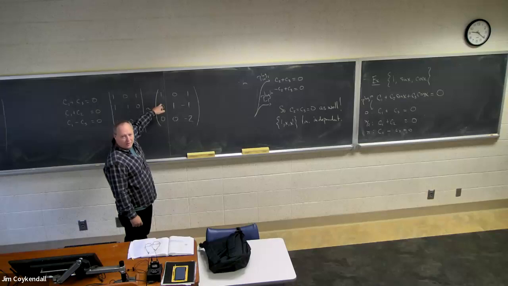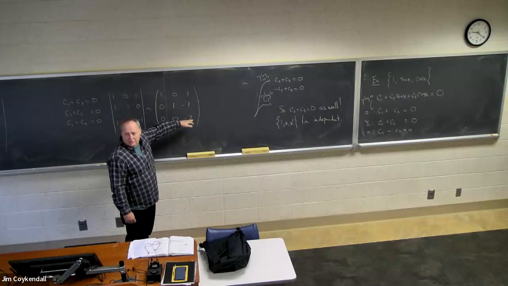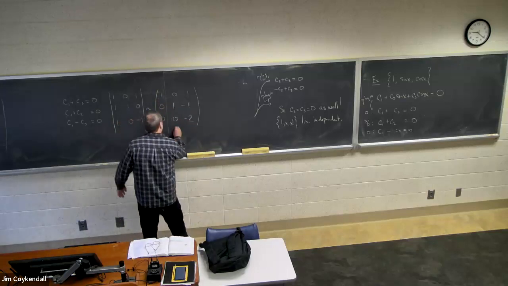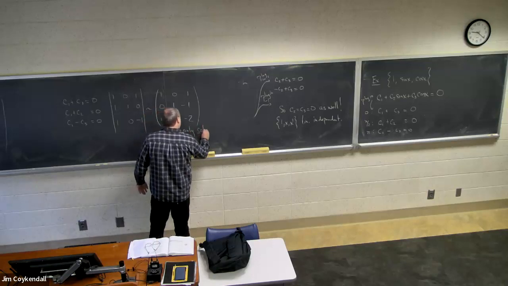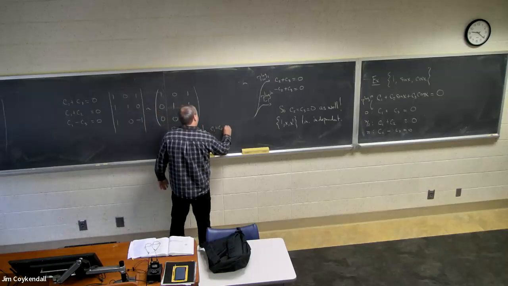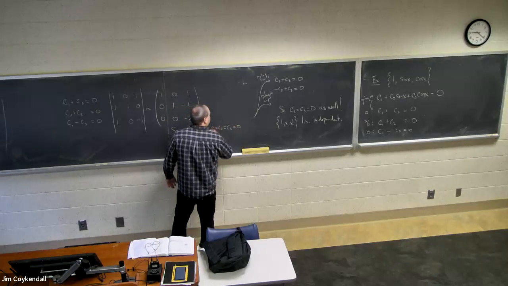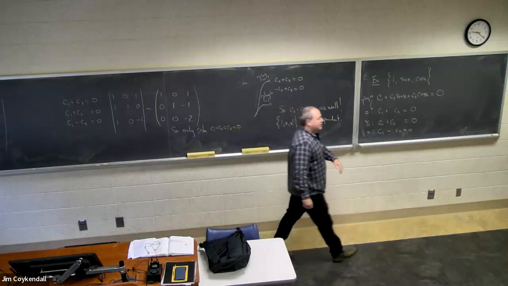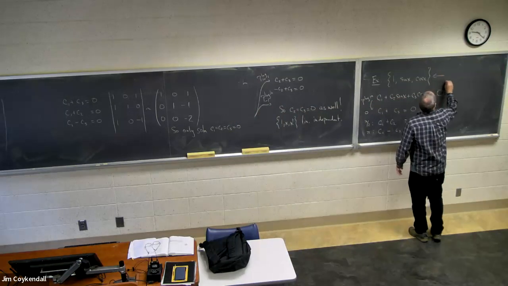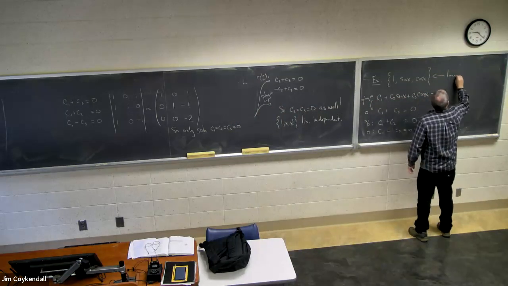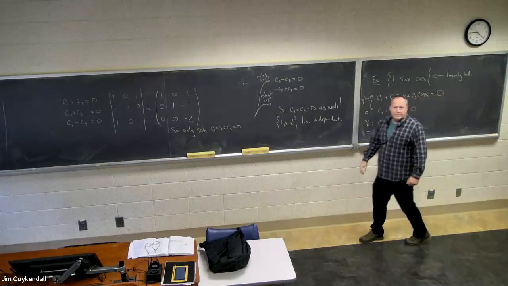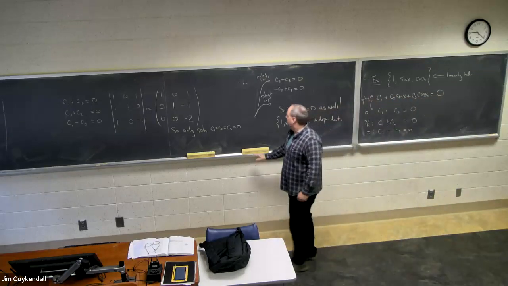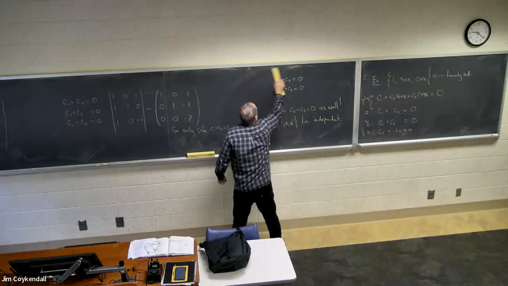Everybody agree? Because this has pivots everywhere, right? And so that's what we need. So this set is linearly independent. Any questions?